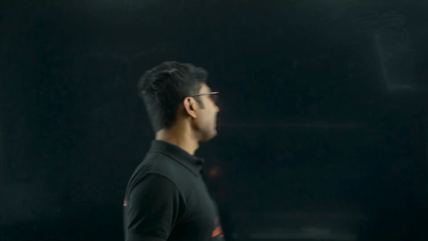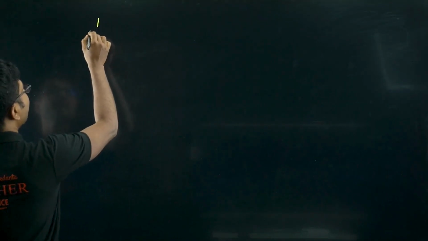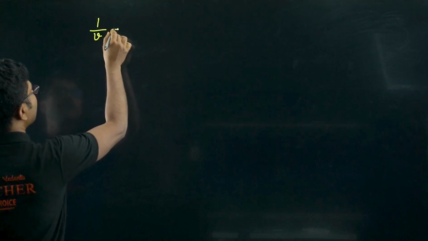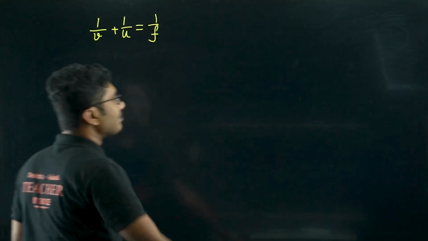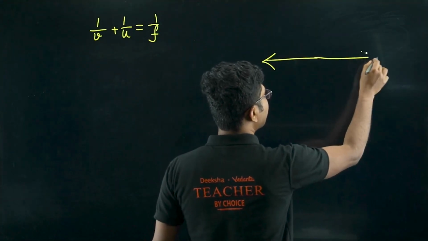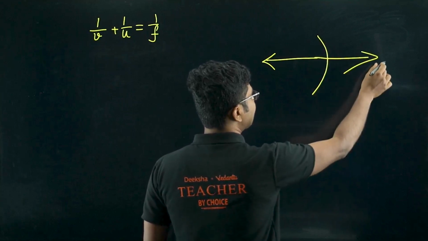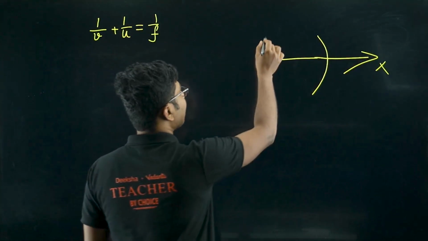Next is obviously concepts from ray optics. I am suggesting these two chapters right now. In ray optics, the mirror equation is 1 by v plus 1 by u equals 1 by f. Now sign convention is very important. Anything on the left hand side is negative, anything on the right hand side is positive, that means along the positive x-axis is positive. u is always negative.